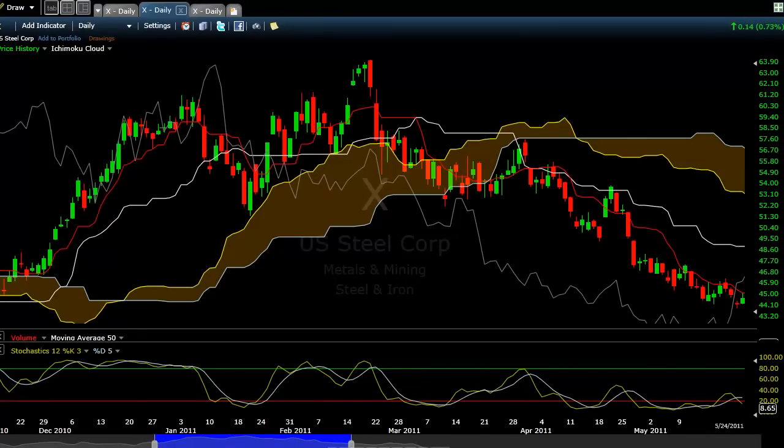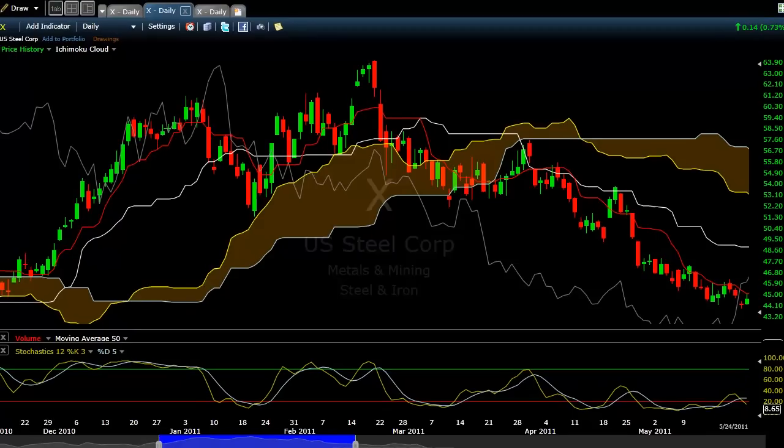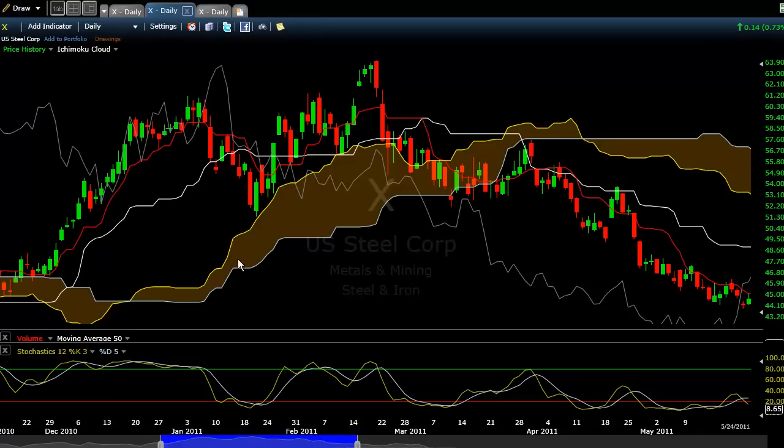Now this is an example of a bearish chart that I like to use as an example. This is US Steel, and you can see where price came down to Kumo, rallied up, and then we broke down through Kumo. Chikou as well got caught up in Kumo and broke down below price, okay, which is very bearish.